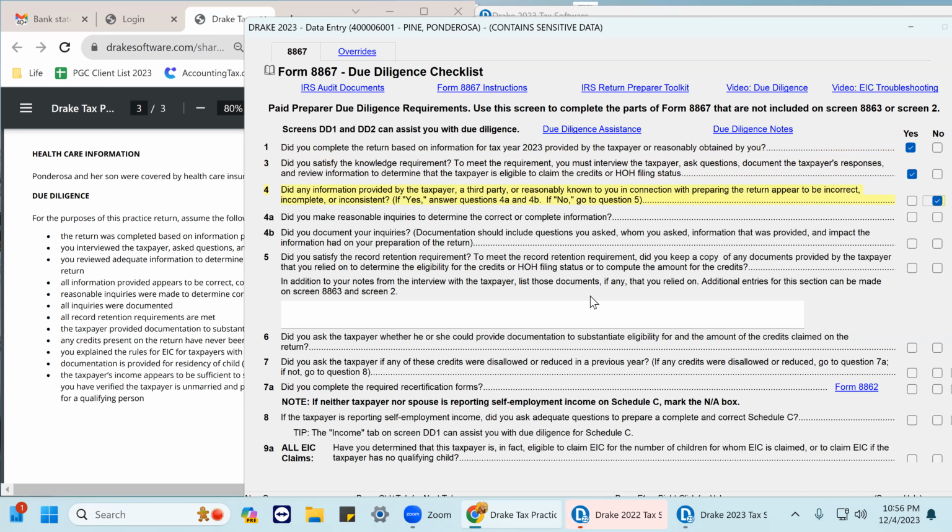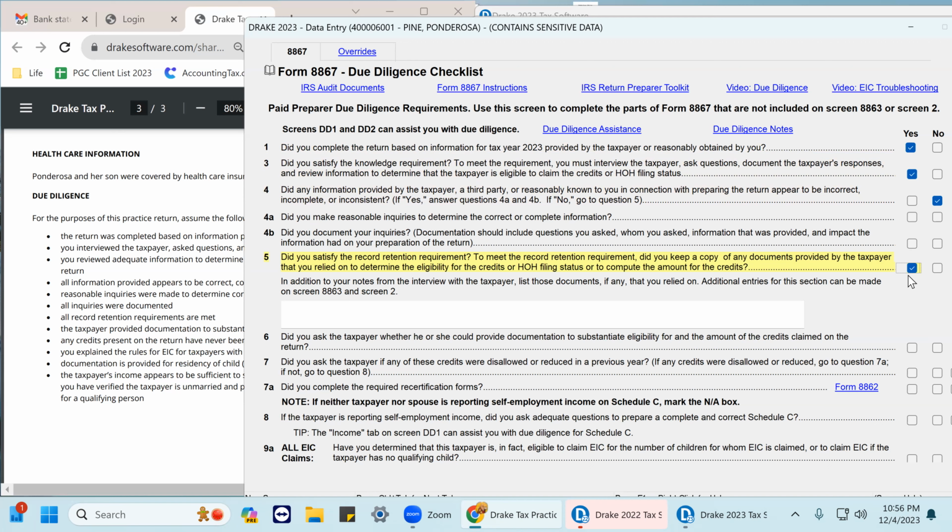Did you satisfy the record retention requirement? To meet the record retention requirement, did you keep a copy of all documents provided by the taxpayer that you relied on to determine the eligibility for the credits or HOH filing status, or to compute the amount for the credit? Yes.